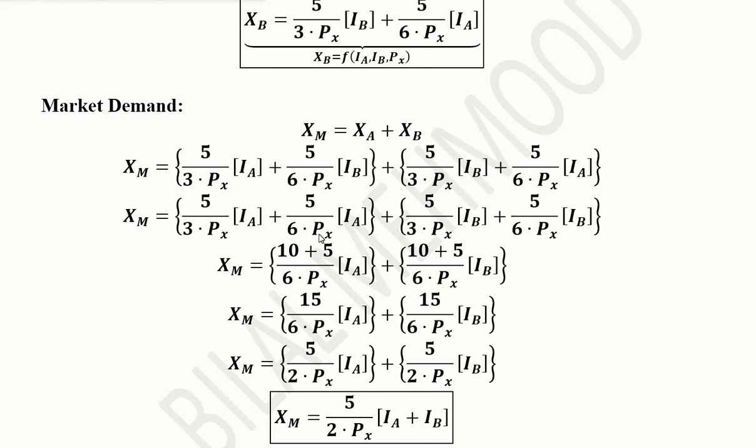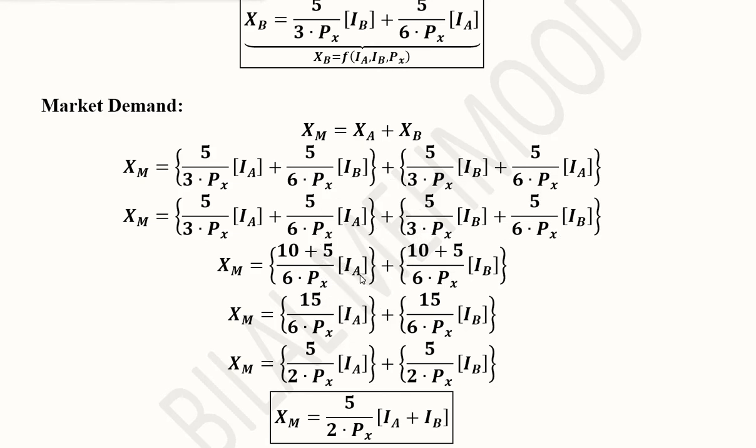And now we are rearranging them to find the consolidated value. Here we have gathered IA, and this IB is shifted to the other side, because we can take the terms of the incomes as common factors.